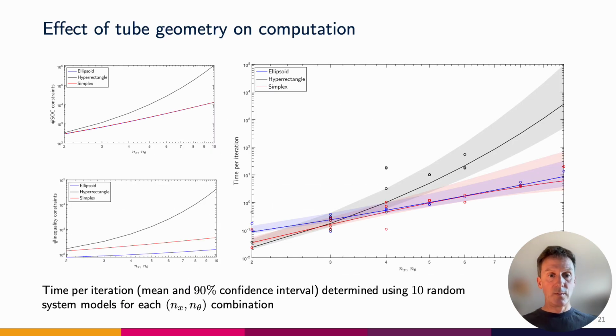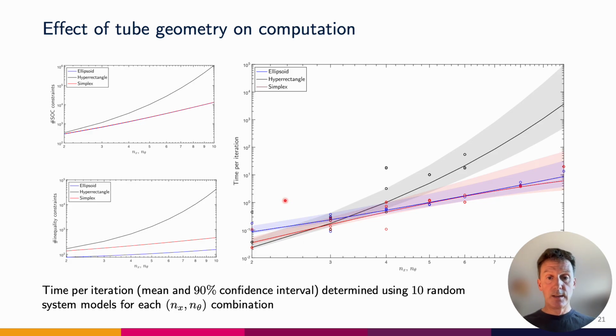These plots show how the computation per iteration of each of these three MPC schemes depends on problem size in terms of the number of states and the number of uncertain parameters in the system model. And you can see here in this plot showing the time per iteration that the dependence on problem size for a hyperrectangular tube is, as expected, exponential, whereas it's actually polynomial for the ellipsoidal tube and simplex tube approaches.